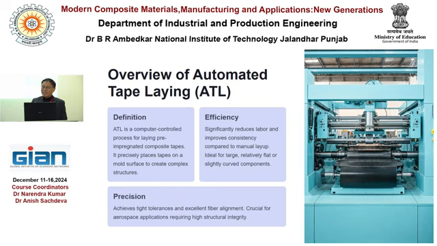But that is the dilemma for this machine, because how many airplanes will be manufactured in 1 year? It's a very small number. But this ATL machine is very, very expensive. You can see on the right-hand side, this one is one of the ATLs. These are also ATL machines.